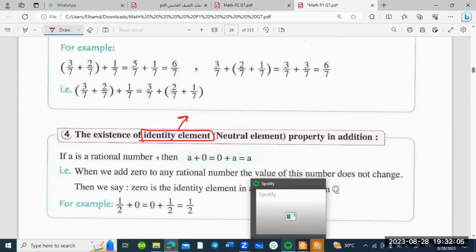Now we are talking about addition. So when I have any rational number plus 0, it will give you the same rational number. So when you add 0, it doesn't change anything from the value of your rational number. Because of that, it's called the identity element.